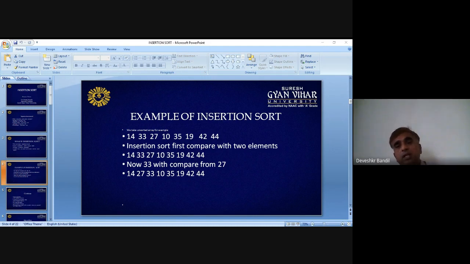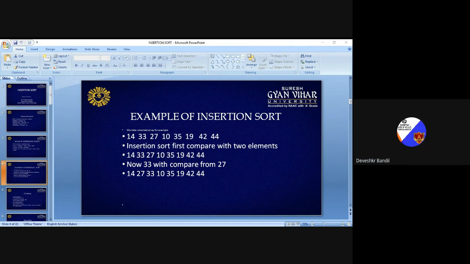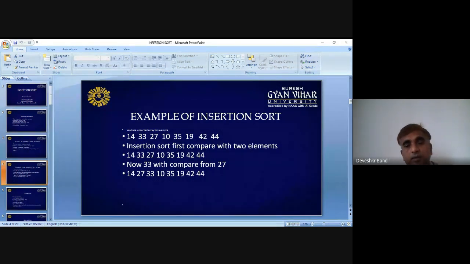So you can see in this given PPT that the items are not in sorted form. So our objective is that through insertion sort, you will sort these items which are present in the array.